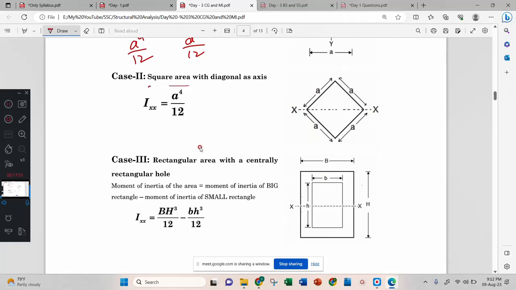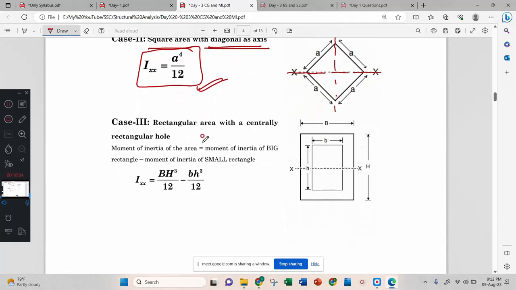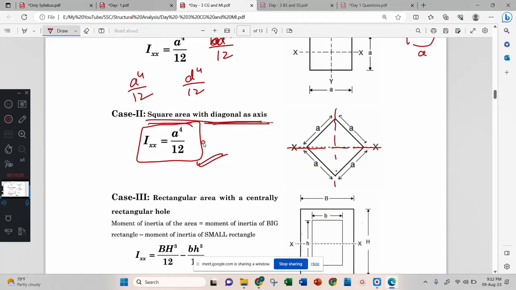Interestingly, for a square area with the diagonal axis we also get A power 4 by 12. This is IXX, and IYY is also the same for a square. This is called a diamond, a square with axis parallel to the x-axis, or diamond section.